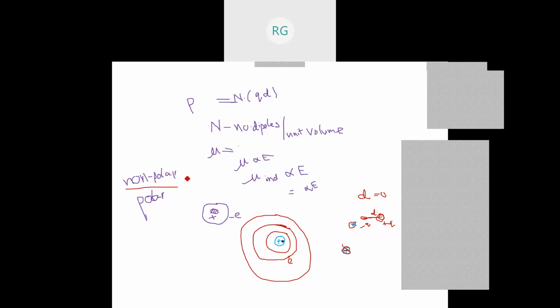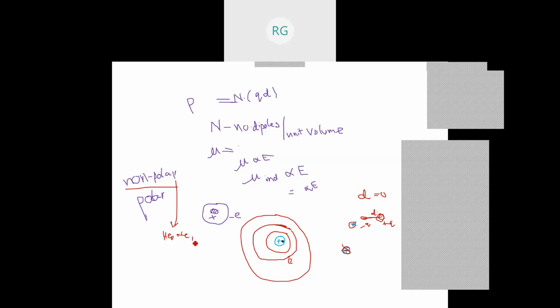In most general cases, for example, linear molecules are non-polar. Examples of non-polar are monoatomic molecules like helium, neon, argon, and krypton, etc. They don't have any dipole moments in them.